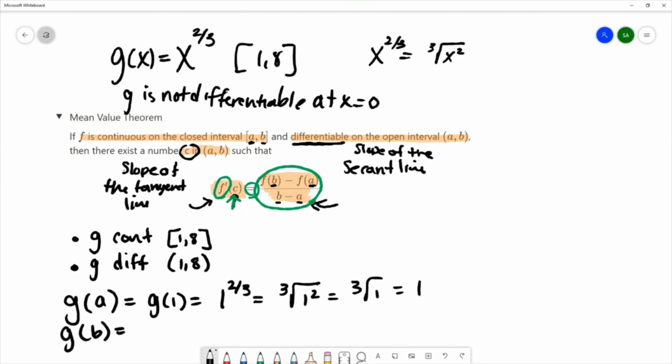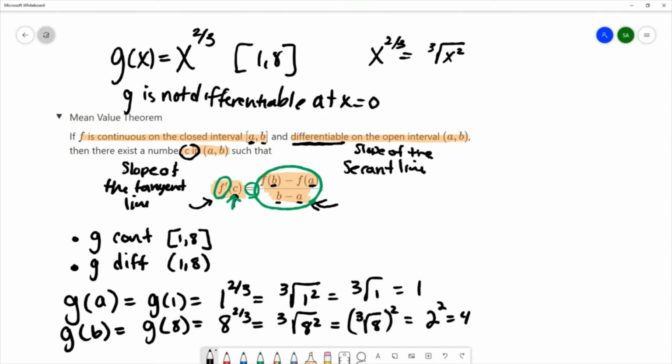G of b is g of 8. That's 8 to the 2/3 power. That's the cube root of 8 squared. I think it would be much easier if I did the cube root first, cube root of 8, and then square it. The cube root of 8 is 2, and 2 squared is 4.